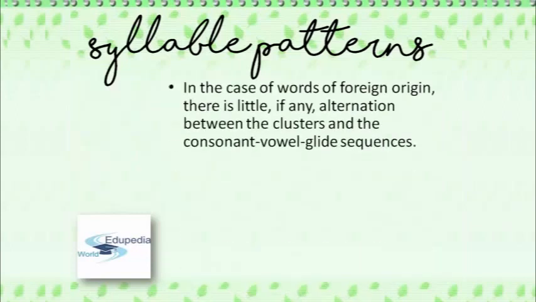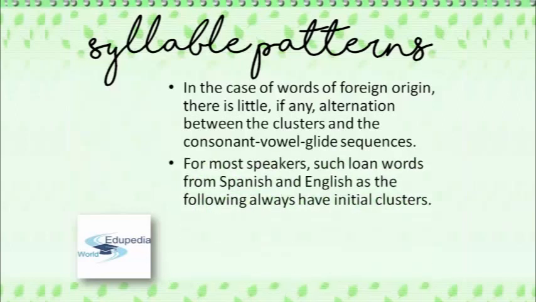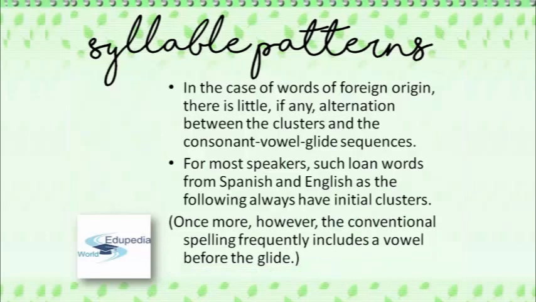In the case of words of foreign origin, there is little, if any, alternation between the clusters and the consonant-vowel-glide sequences. For most speakers, loan words from Spanish and English such as the following always have initial clusters. Once more, however, the conventional spelling frequently includes a vowel before the glide.